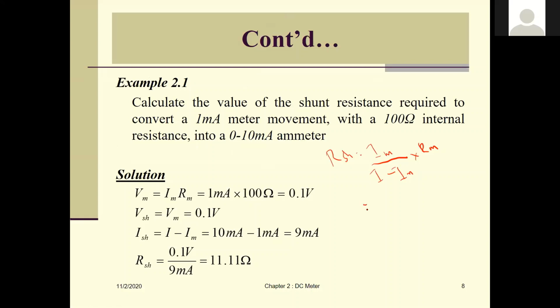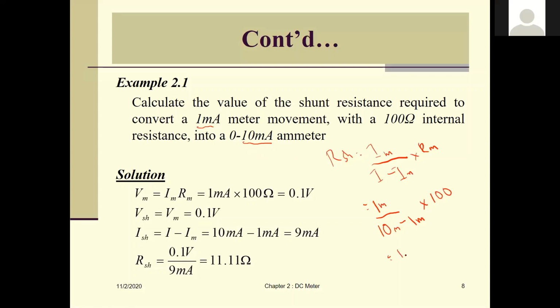For example, IM is given here as 1 milliampere, divided by I total, which is the maximum, 10 milliampere, minus 1 milliampere, multiplied by RM, which is 100 ohms.